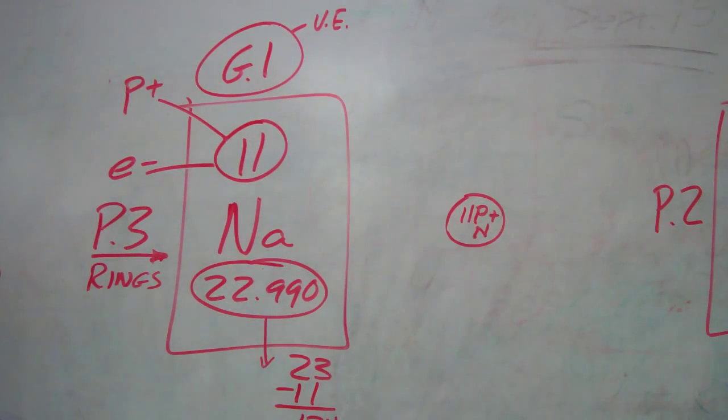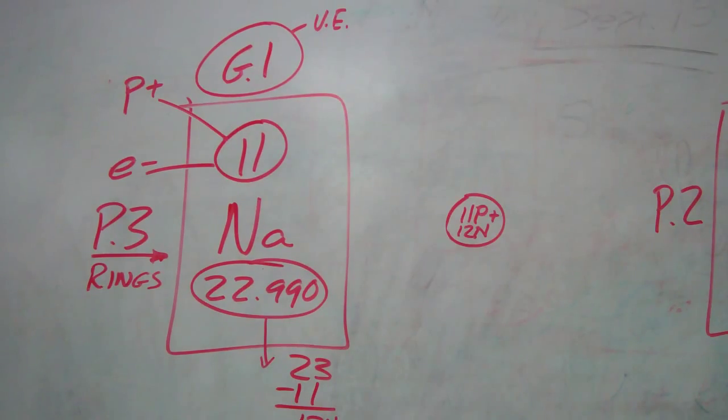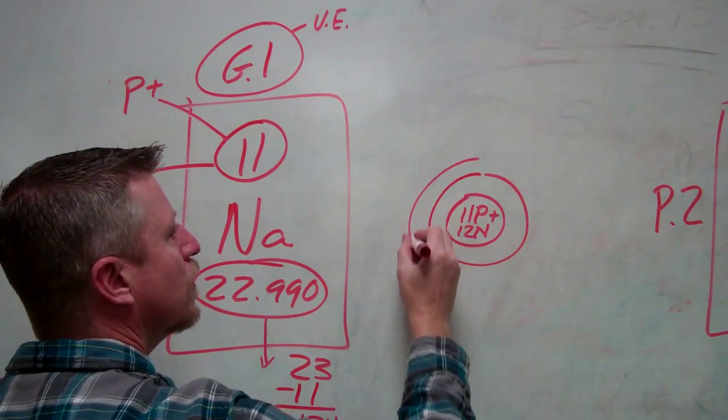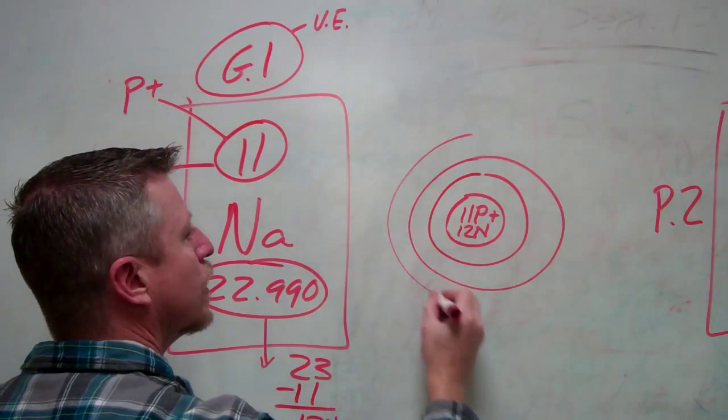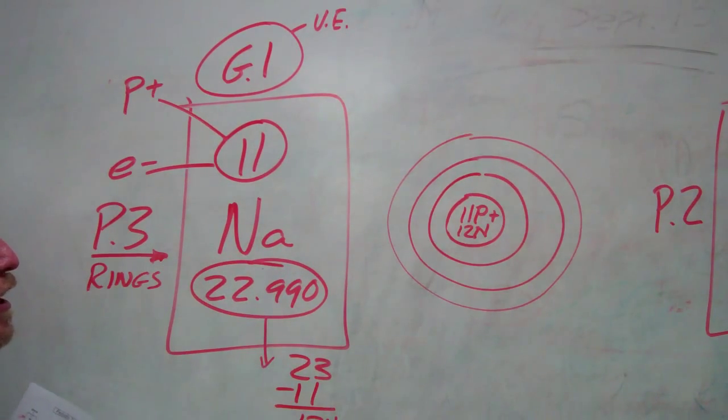How many neutrons do I have? 12, good. How many rings should I draw? 3, good. So the rings is period 3. So 1, 2, 3. And this should make sense because I have a lot of electrons compared to the other ones I've drawn, so I need more space for them to go.